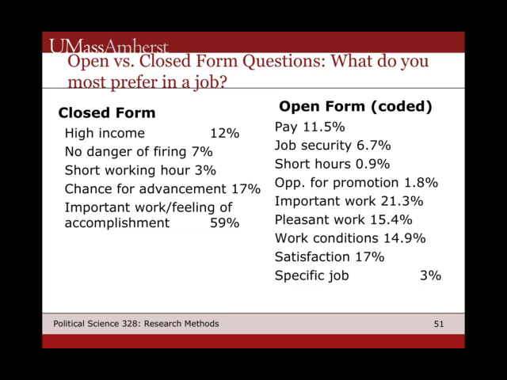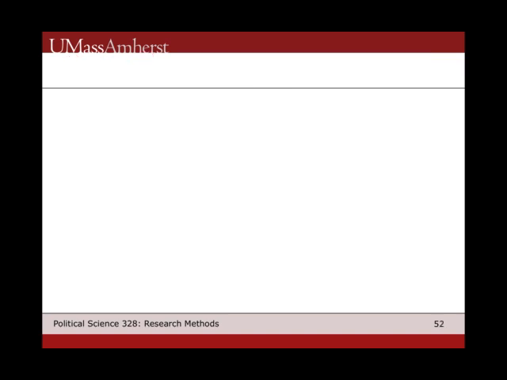Chance for advancement goes way down in terms of opportunity for promotion. So for whatever reason, the closed form and open form are getting quite different answers, and it suggests that we have to be very careful in how we construct closed forms. They should mirror what people might actually want to tell us. Otherwise, we're forcing them to choose between choices that may not be entirely representative of actual rationales that people might provide on their own.